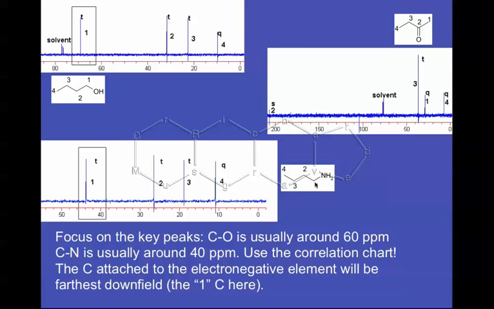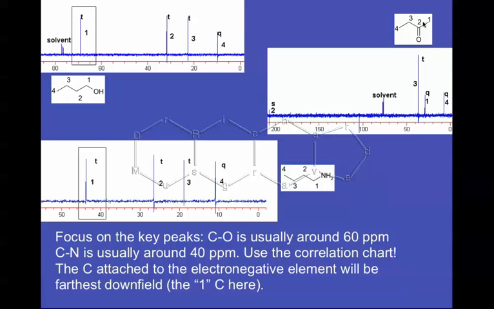So if we go 1, 2, 3, 4, we'll go 1, 2, 3, 4 down here as well. In this case, we have two CH3s, and those will be 1 and 4. Now those can be differentiated on the basis of which one happens to be closer to the C double bond O. As you can see here, 1 is closer to the C double bond O than 4 is, so I would assign this Q as being 1 and I'd assign this Q as being 4.